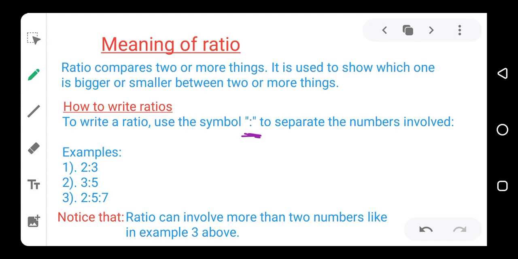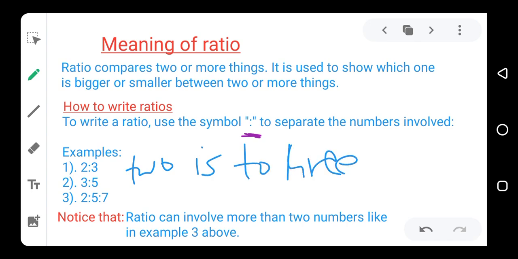Like 2 and 3, if we want to compare them, we write it like this: 2 and put the colon and put 3. This is read this way: 2:3. That is how to read the first one.